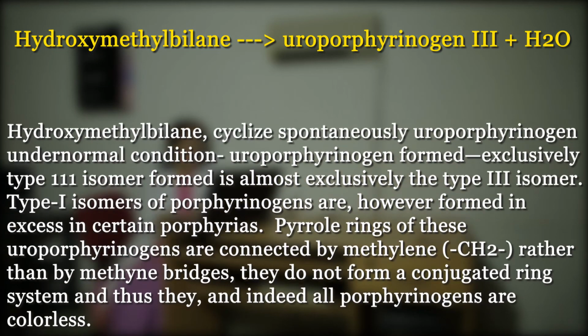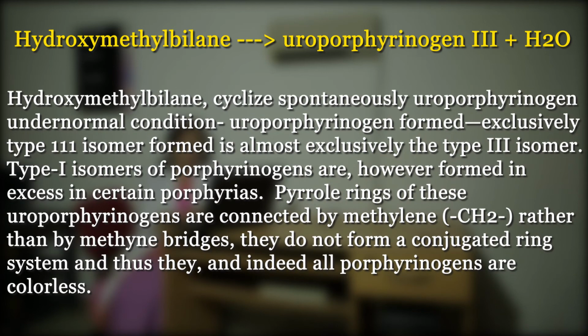Hydroxymethylbilane can also be cyclized spontaneously to form uroporphyrinogen I. Uroporphyrinogen is formed almost exclusively as the type III isomer. The type I isomers of porphyrinogens are however formed in excess in certain porphyrias.